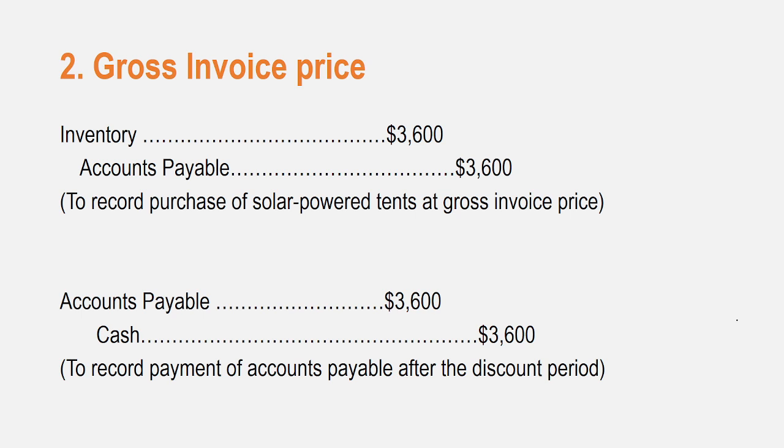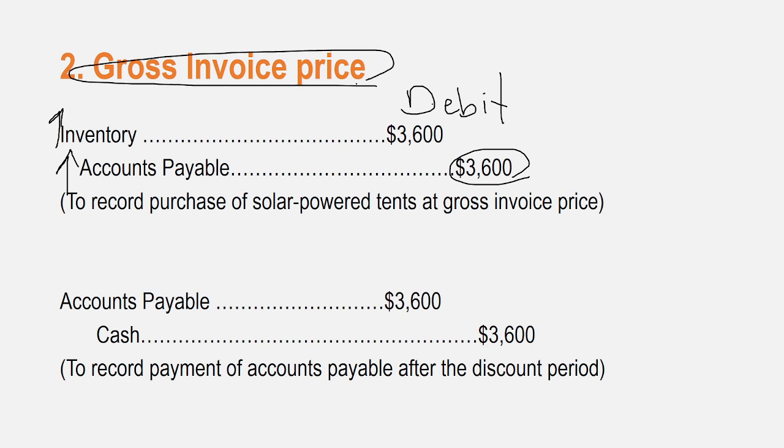They debited the inventory account and credited accounts payable because inventory increased by $3,600. An increase in inventory is considered a debit, and from the other side, simultaneously, accounts payable also increases. An increase in accounts payable is considered a credit by the total amount because we are in the gross invoice price method.